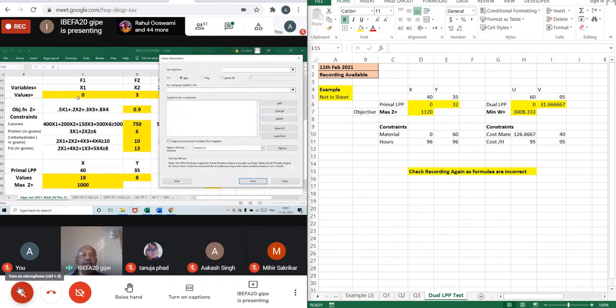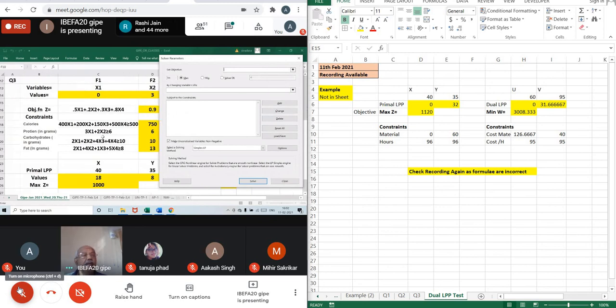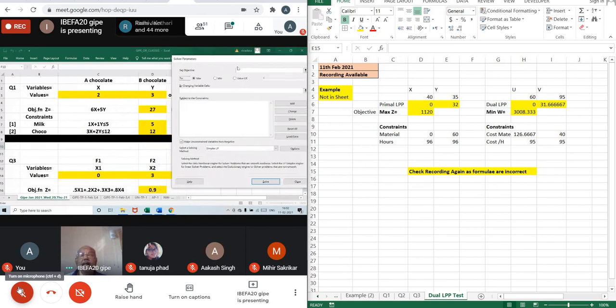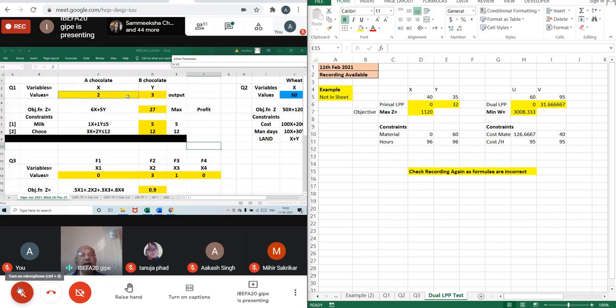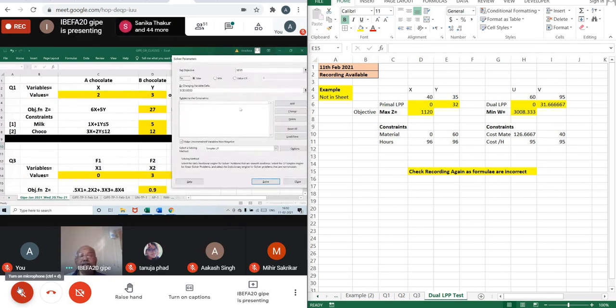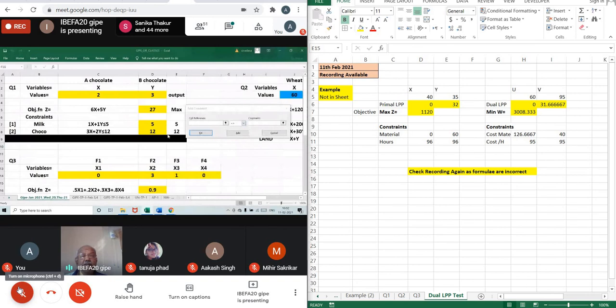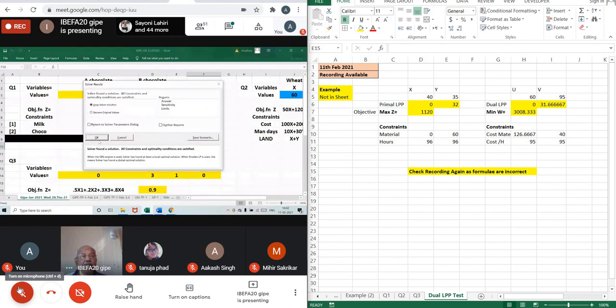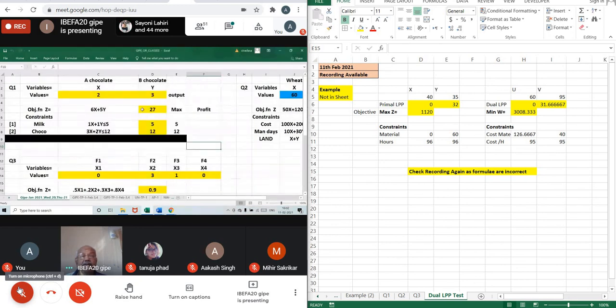Our example, Choco example. Where that has gone. My objective function is maximum and variables are x and y. Constraints are both less than or equal to. This is the answer I got.